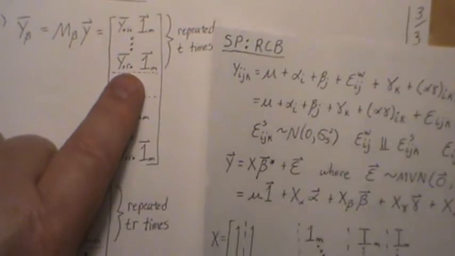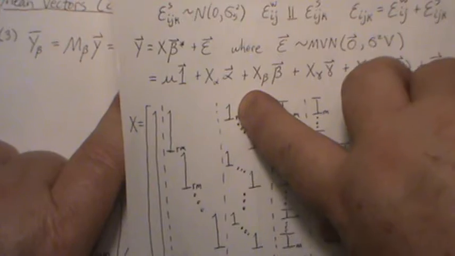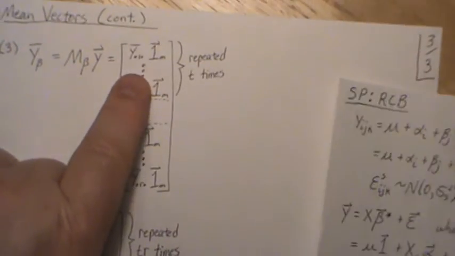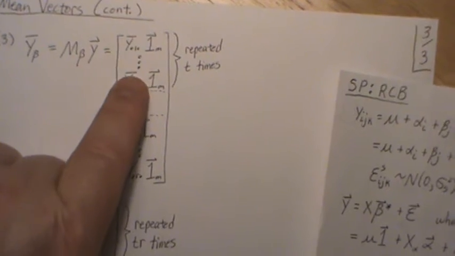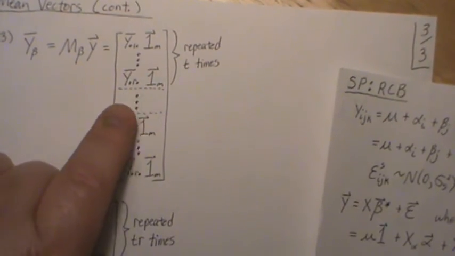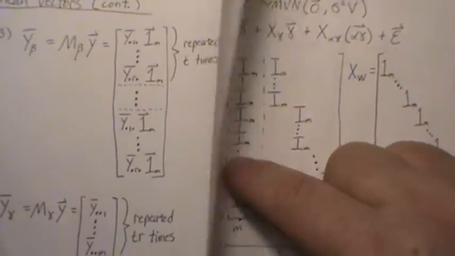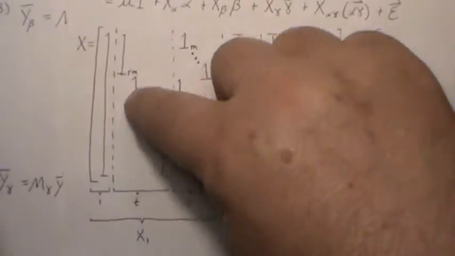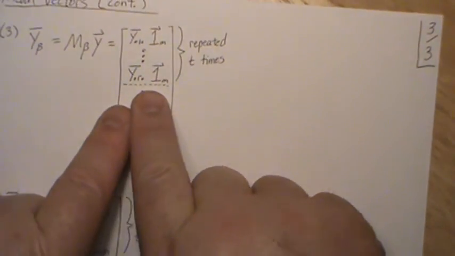And that's what we get, right? So each of these little 1 vectors gets a mean. So it's the mean for block 1, block 2, all the way to block r. And that's what we just got here. But then it repeats t times. There's t treatments, and so that's what we get here.